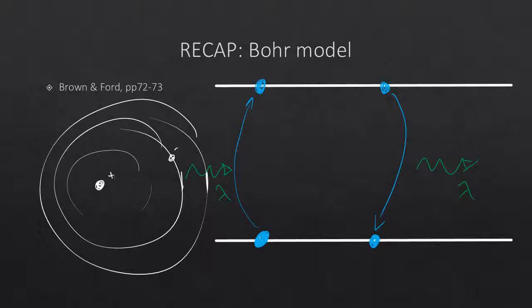Now, I know I'm saying light, but of course this could be anywhere in the electromagnetic spectrum. It doesn't necessarily need to be in the visible spectrum. Now, in terms of naming these levels, if this is my ground state, this is called the n equals 1 energy level, and let's say it's jumping up to the n equals 2 energy level, the next level up. Okay.